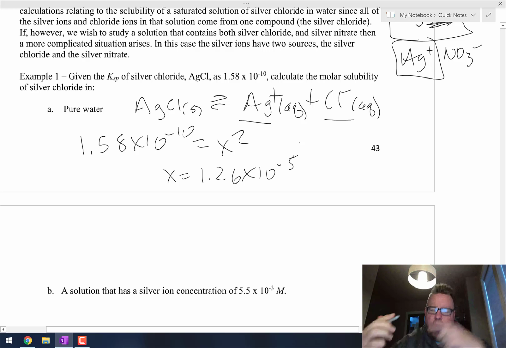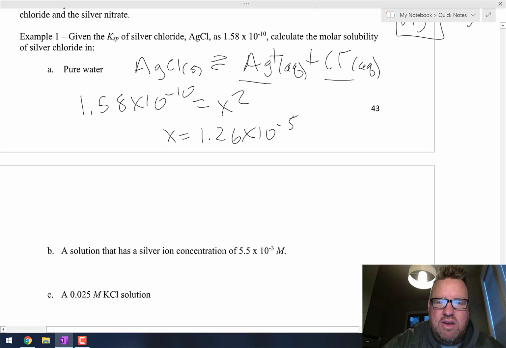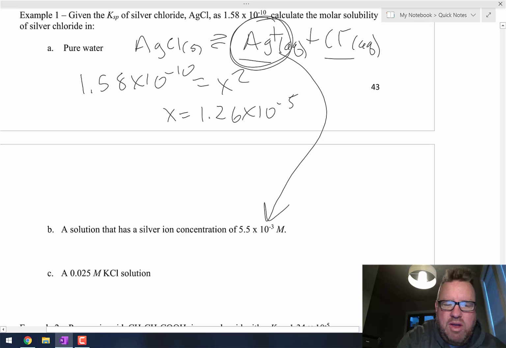Now we're going to start doing some problems with some common ions. What happens if instead of pure water, the solution it's dissolved in has a silver ion concentration of 5.5 times 10 to the minus 3rd? That means that this, rather than being X, is now 5.5 times 10 to the minus 3rd.